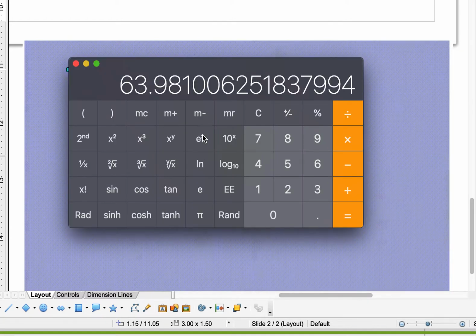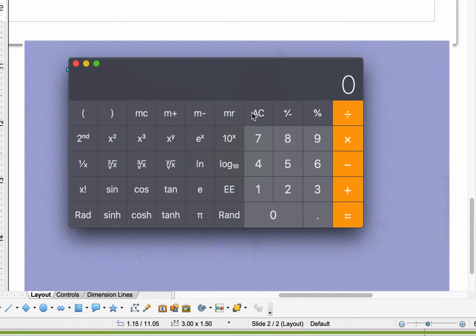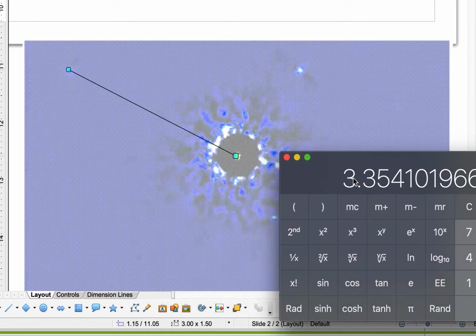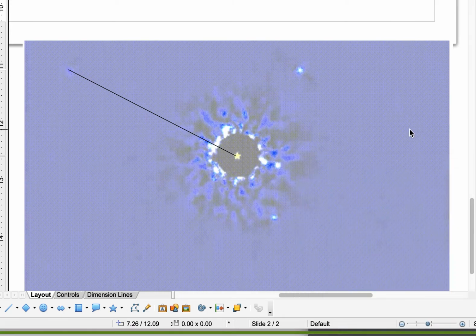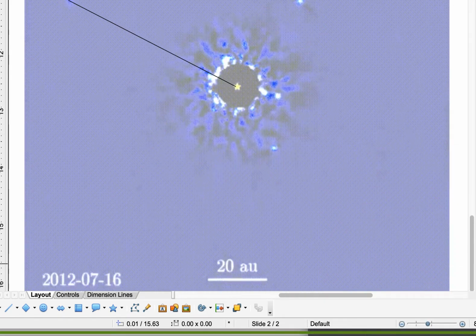So do the calculations. I get 3.34 in the units of this program. Then I go to the reference.